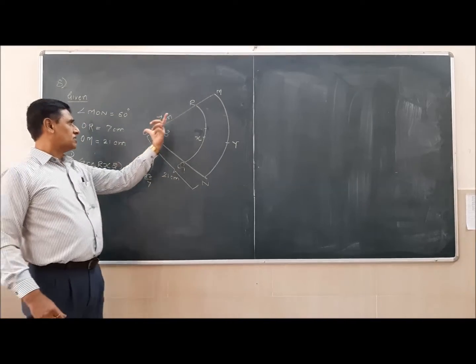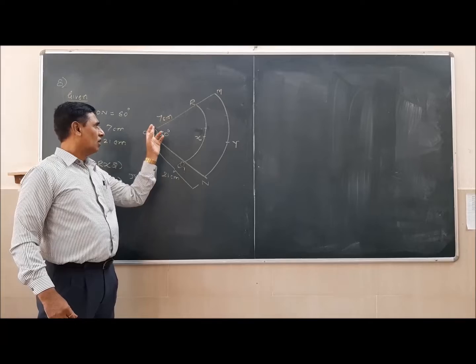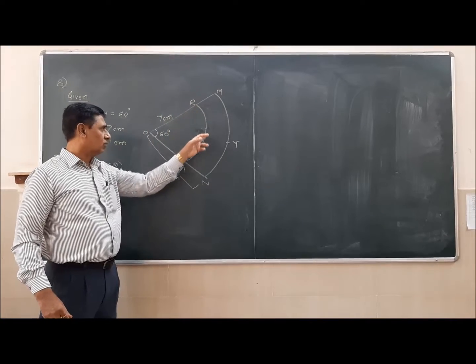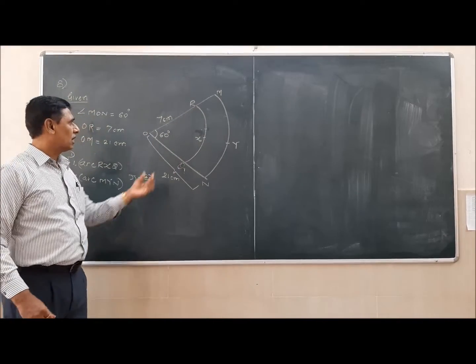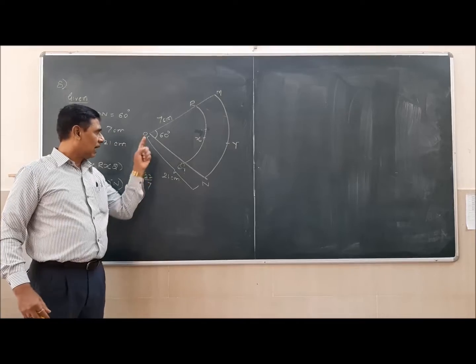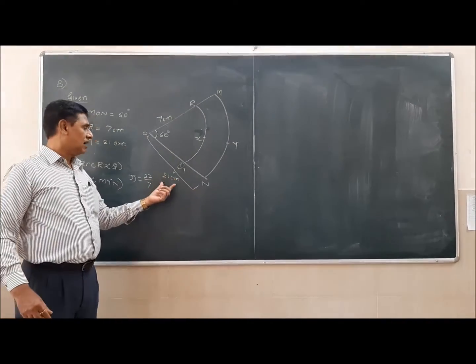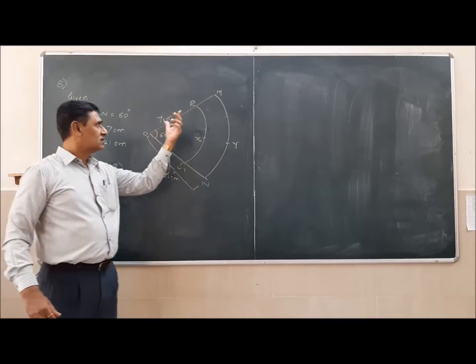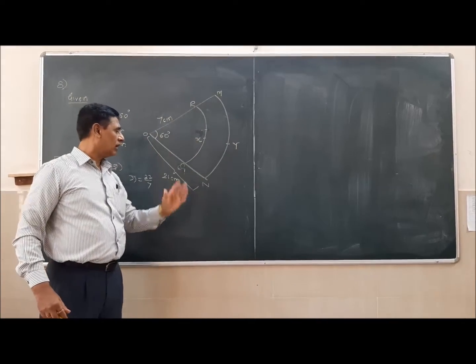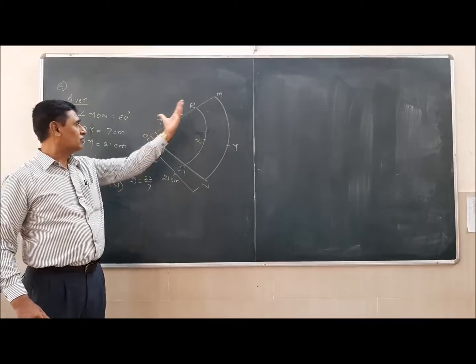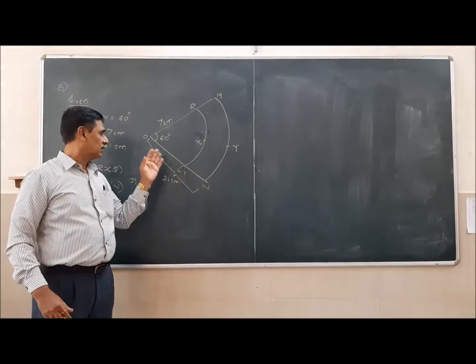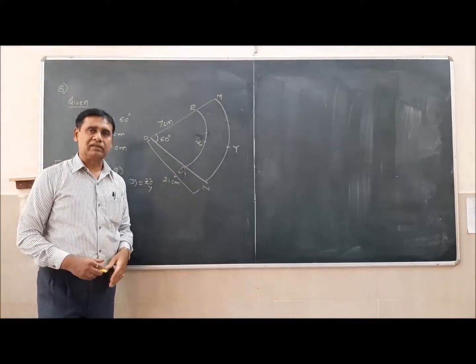They have given us the radius of a sector bounded by arc RXQ as 7 centimeter, and also they have given us OM as 21 centimeter. Since OM and ON are the same, to avoid confusion, I have taken ON as 21 centimeter.